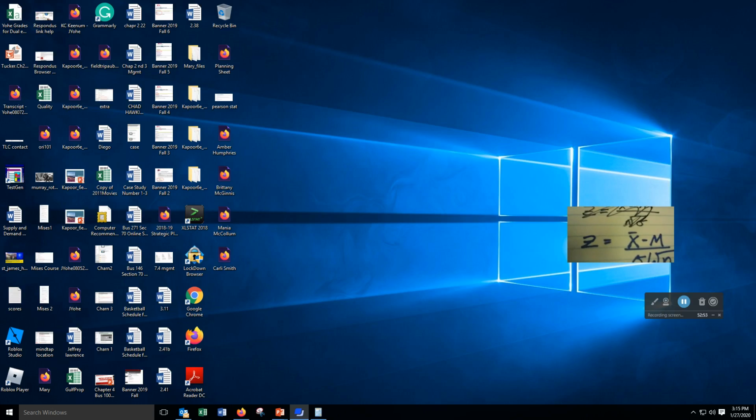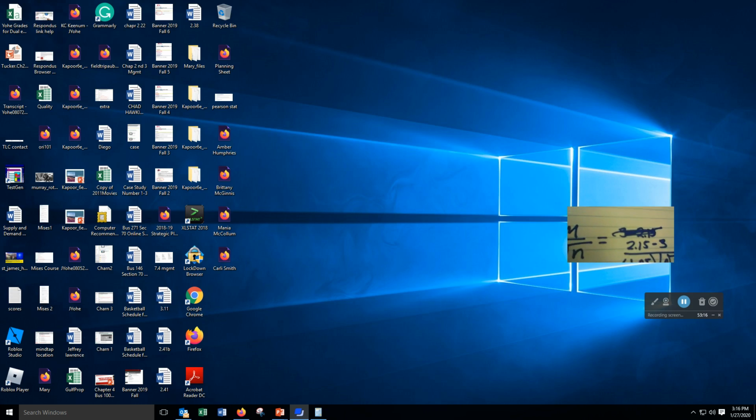Z is equal to X bar minus mu, that's our sample mean minus the hypothesized population mean, divided by the standard deviation, in this case of the sample, that should be an S, divided by the square root of the number of observations in the sample.